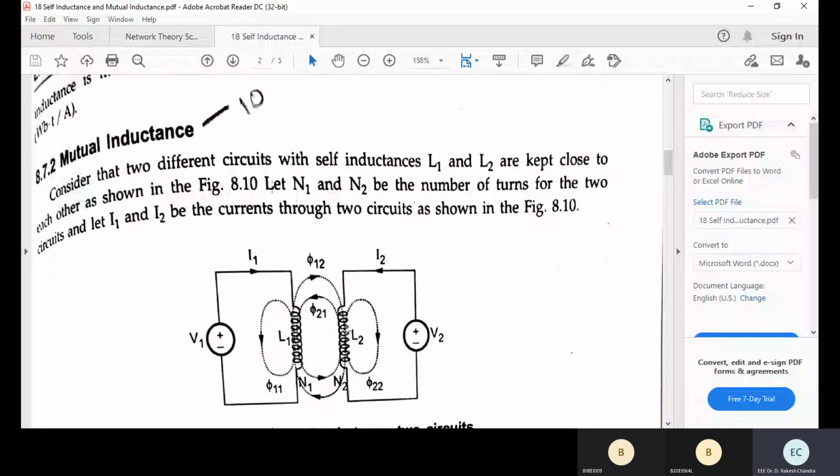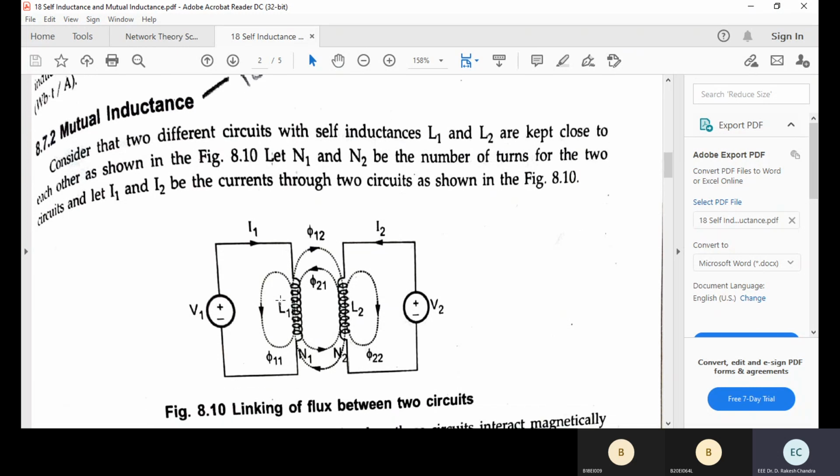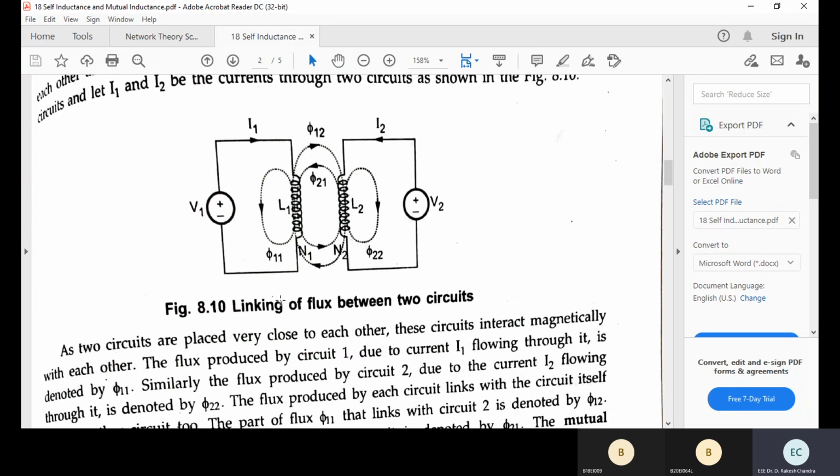Similarly phi 21: whatever current flows through coil 2, some portion of the flux is linked from coil 2 to coil 1, that is phi 21. The majority of the flux is generated in coil 2 itself, and some portion is linked to your coil 1, which is phi 21. That is your mutual inductance.